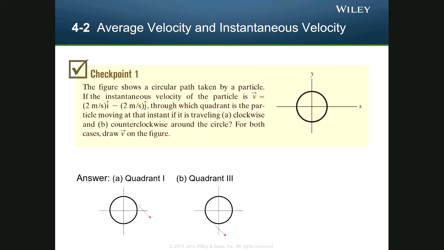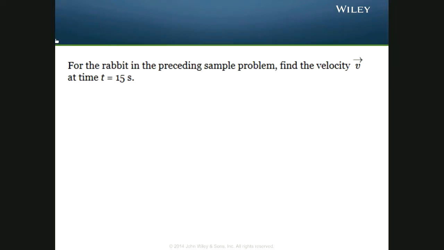If we look here, we'll get that Vx is equal to negative 0.62t plus 7.2, and then we have Vy equals, not negative, sorry, 0.44t minus 9.1.